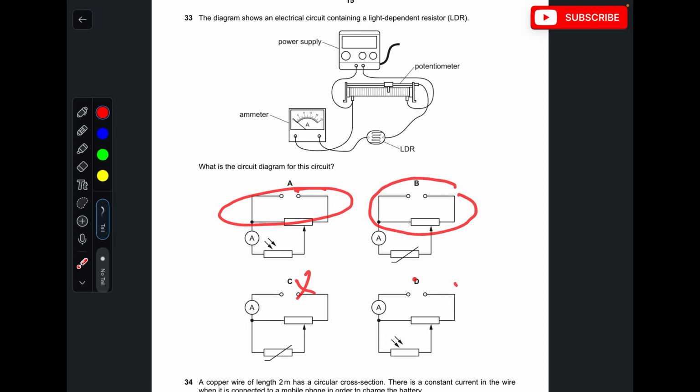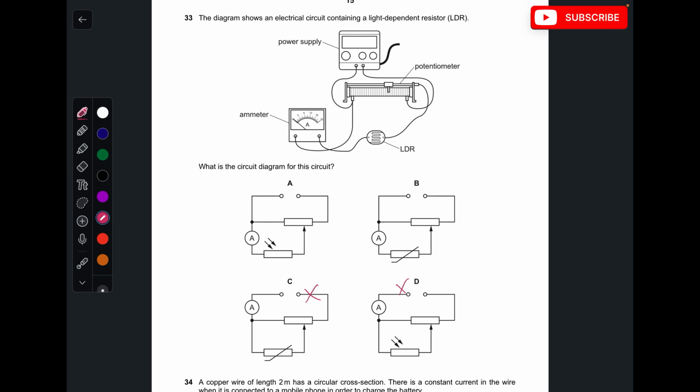They are wrong because the ammeter is not attached directly to the power supply, so C and D are not the options. Now look between B and A. The ammeter has one end attached to the variable resistor and the second to the LDR. Yes, this is the thermistor, which is not this one. So A is the right option, because we have the LDR, not the thermistor.